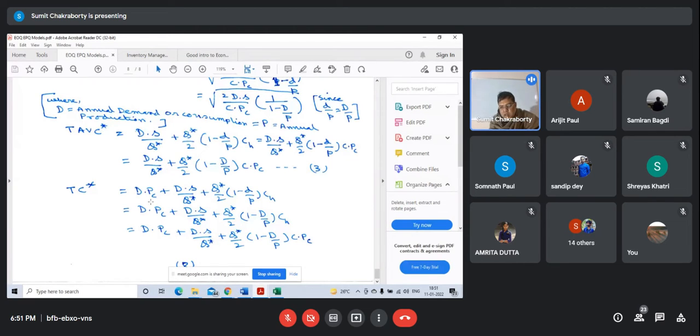Try to solve it on your own. You have the equations and notation, so you won't have any problem. Just point out which is PC, which is P, which is capital D, which is small d, which is small p, which is lead time, that is setup time. Setup time is lead time.